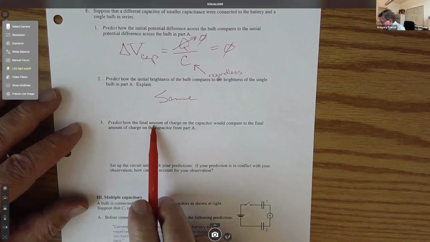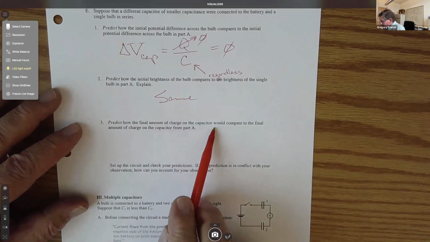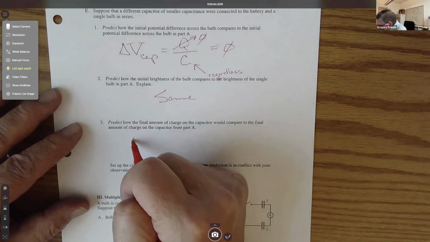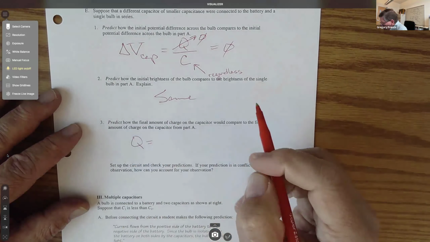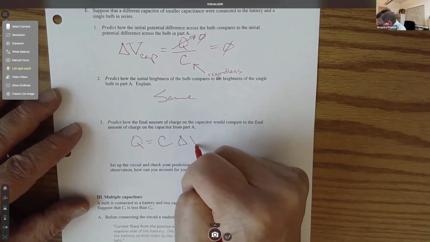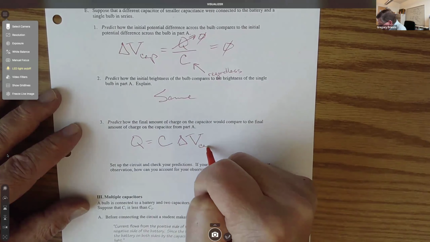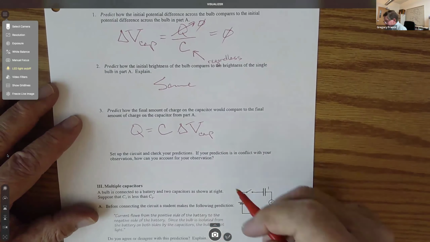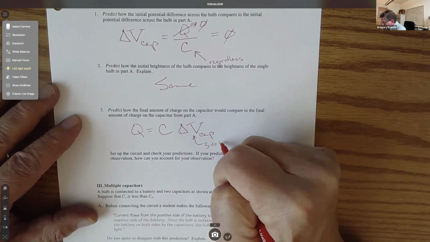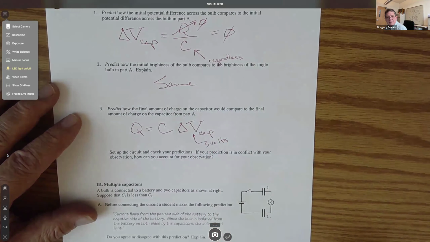And what about the final amount of charge on the capacitor? Well, the amount of charge on the capacitor depends on the capacitance times the voltage across the capacitor. Well, this is going to be the same 3 volts when we finally make that bulb go dark.